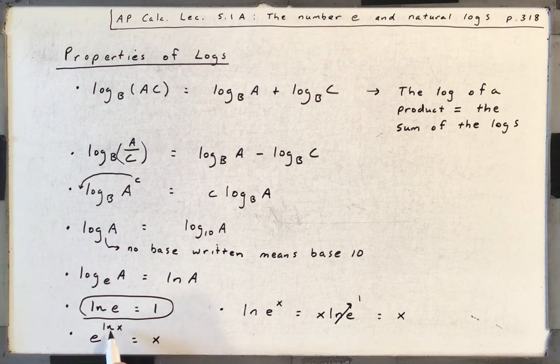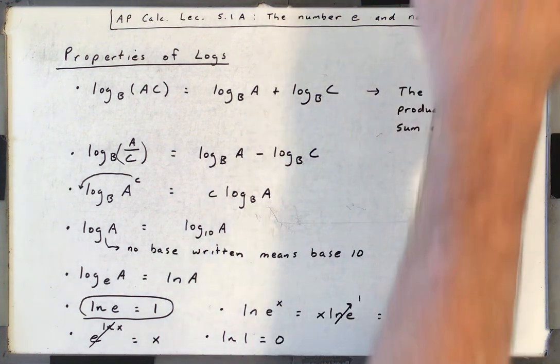The e and the natural log are inverses, they cancel each other out. So e to the natural log of 7 is just going to be 7. And finally, the last property to remember is the natural log of 1 is equal to 0, because that's like saying e to the 0 is equal to 1.